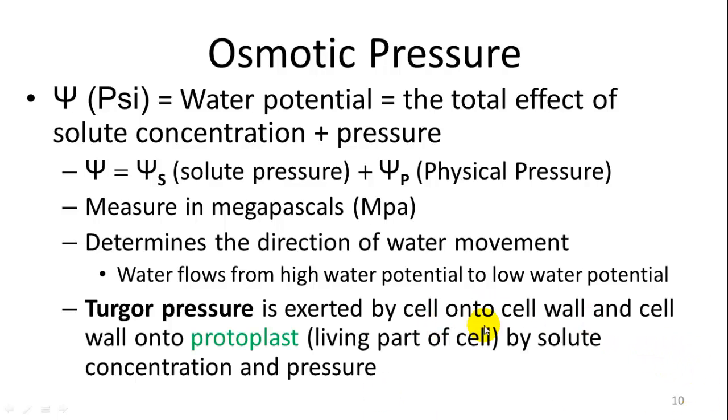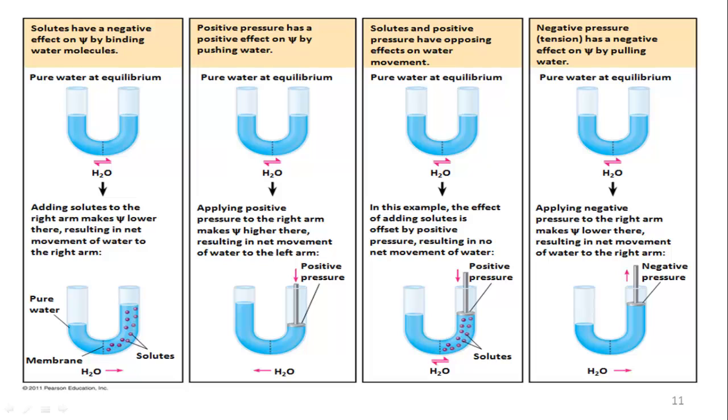Turgor pressure then is an example of the force exerted from cell to cell onto the protoplast, the living part of the cell, by solute concentration and physical pressure. So not looking at cells, but just setting up a semi-permeable membrane with two concentrations of solutes, we can look at the solute and physical pressure.